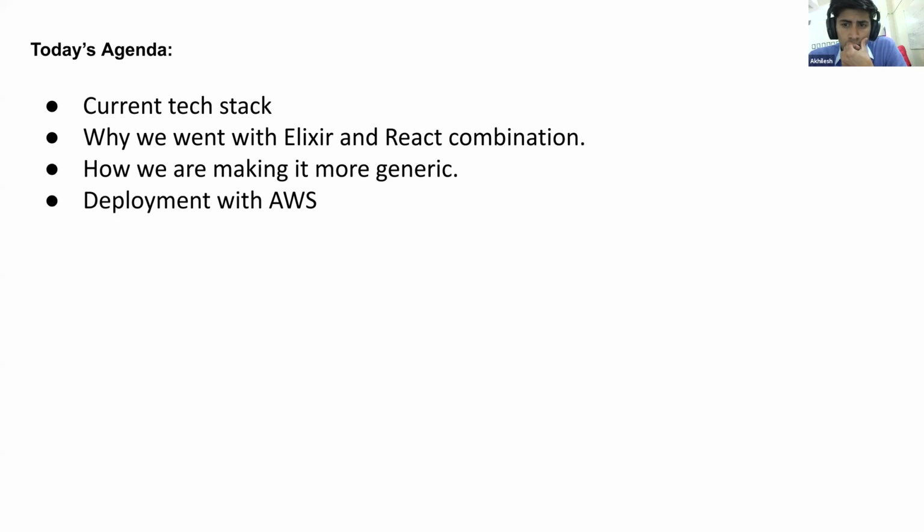The WhatsApp ecosystem's front end uses React, and the back end uses Erlang. Erlang is a pretty old language which people use in the telecom industry. So those were the two thoughts.